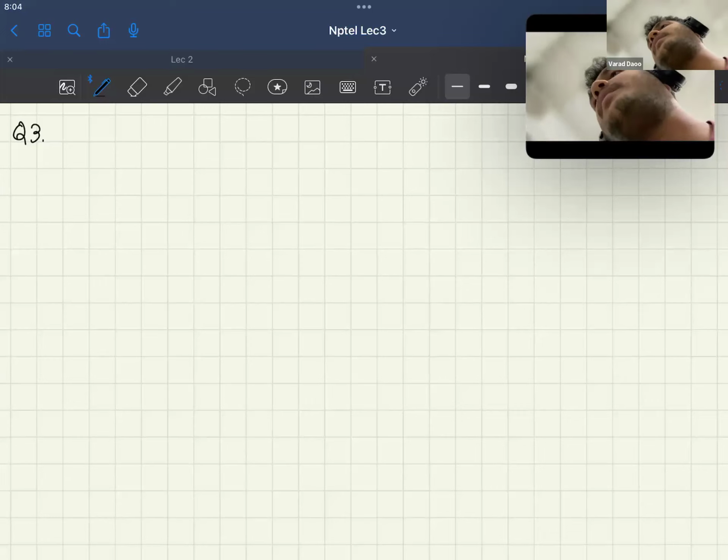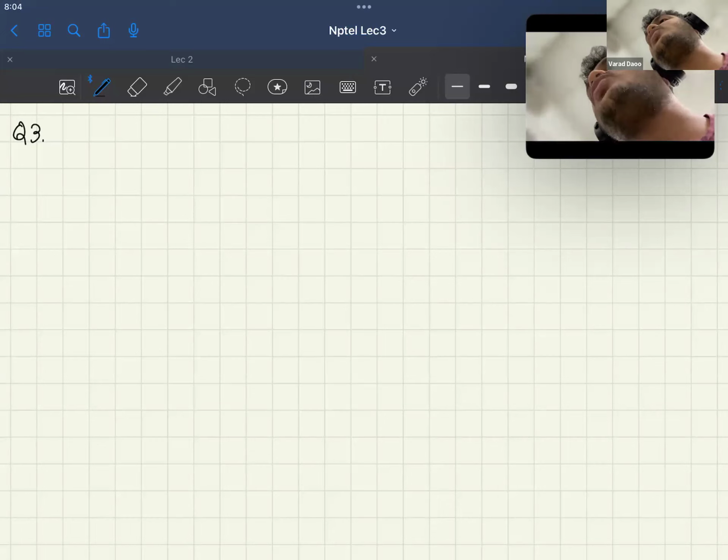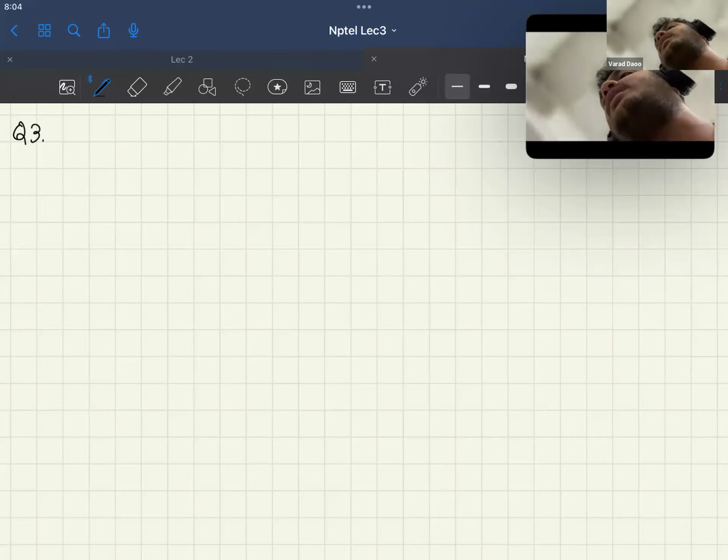So basically you plot the probability distribution. Let's say 10 people out of 100 chose the random number one as their preferred choice, you take its probability. So the probability would be 1 by 10, so it will be 0.1.